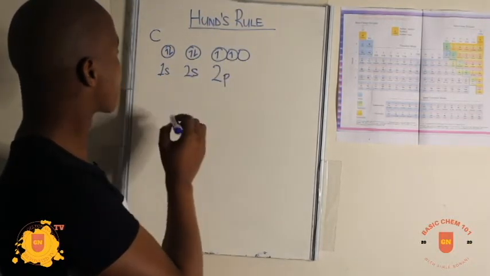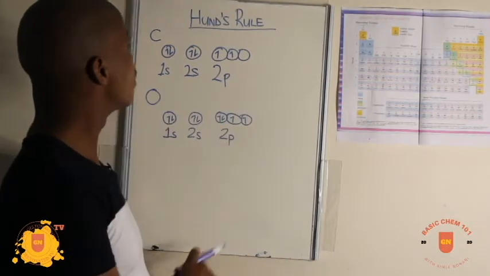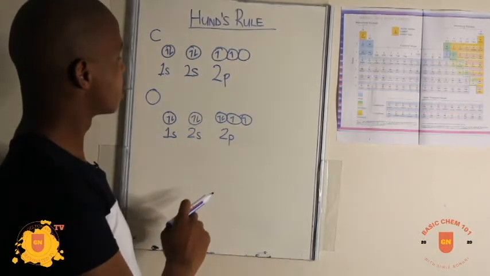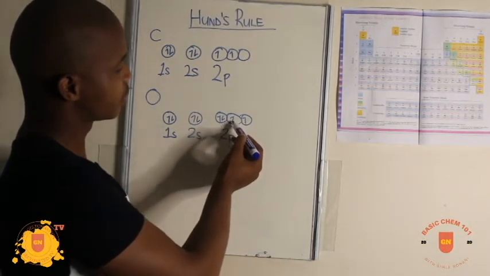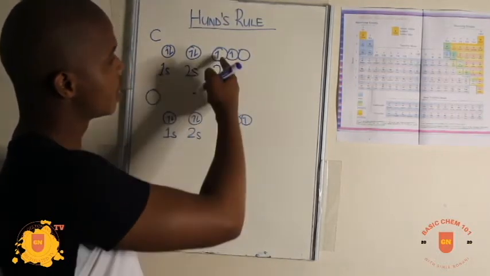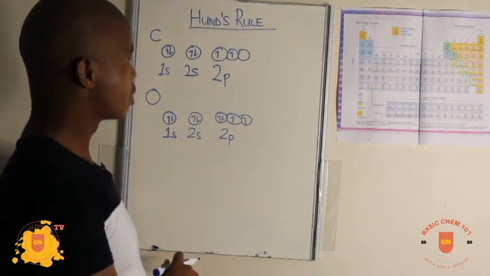And also if you have oxygen, so if this is your carbon and this is your oxygen, you have unpaired electrons in both.